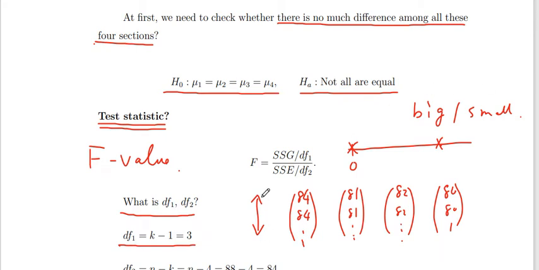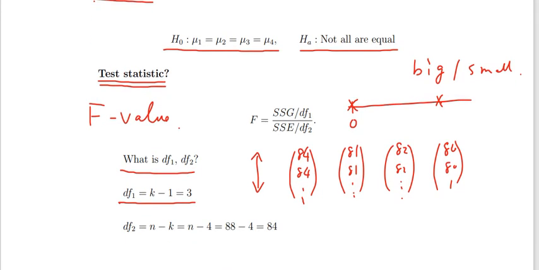In this direction, there is no difference. The only variance comes from this way, right? So this is SSG. For such data, we essentially have 4 different numbers: 84, 81, 82, 80, right? So the degree of freedom is 3. We have 4 numbers, n minus 1, 3.